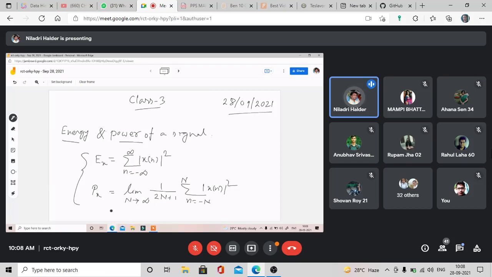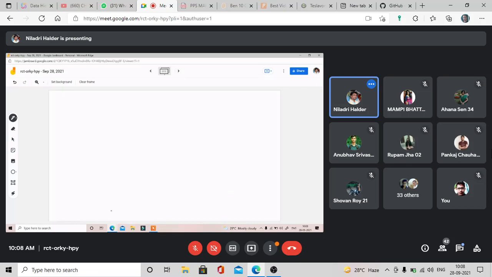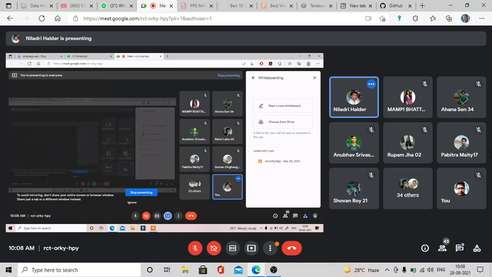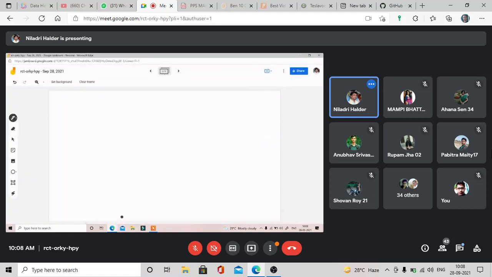So the condition is that to be an energy signal, the energy that you are calculating must be finite, and along with that the power will be 0.